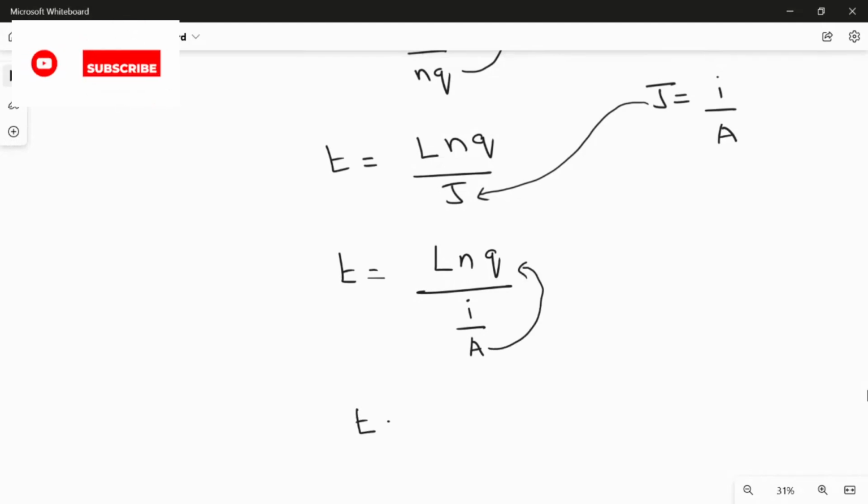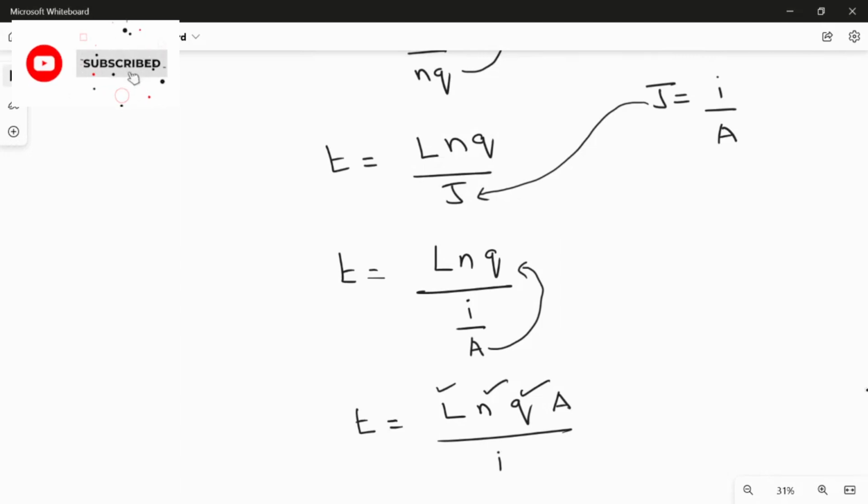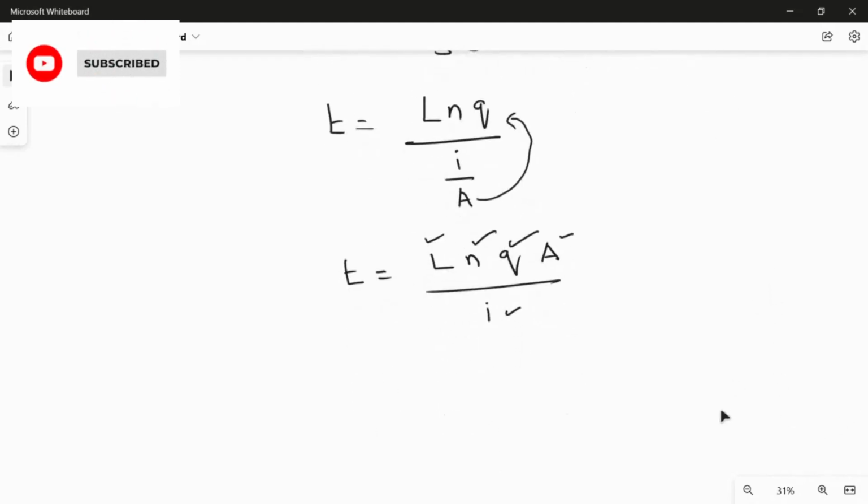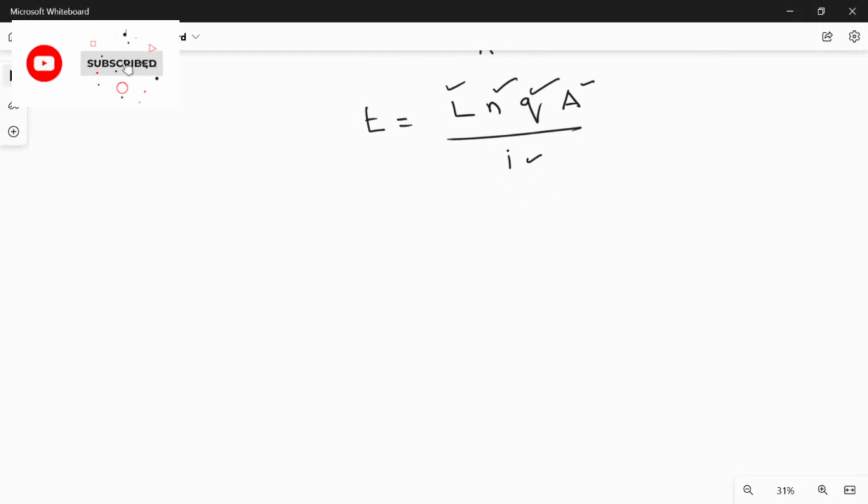By that, T is equal to L multiplied by N multiplied by Q multiplied by A divided by I. L is the length of the wire, N is the number of charge carriers, and Q is the charge value, negative of 1.6 multiplied 10 power minus 19, but here we are going to consider only the magnitude. A is the cross-sectional area of the wire, and I is the current value. So we have all this information. Now I am going to substitute the values in this equation.